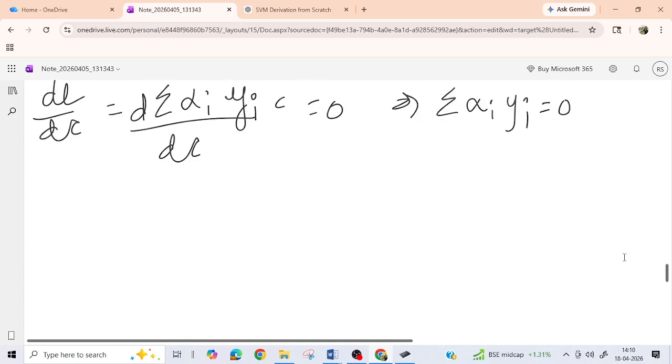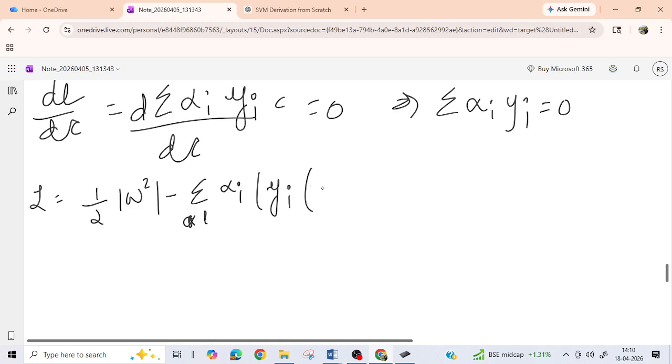Let's write what the Lagrangian was. The Lagrangian was half of w square, minus summation of alpha I, and then it was yi, and then it was w. Let's write it as w xi, because then in vector notation we understand that.